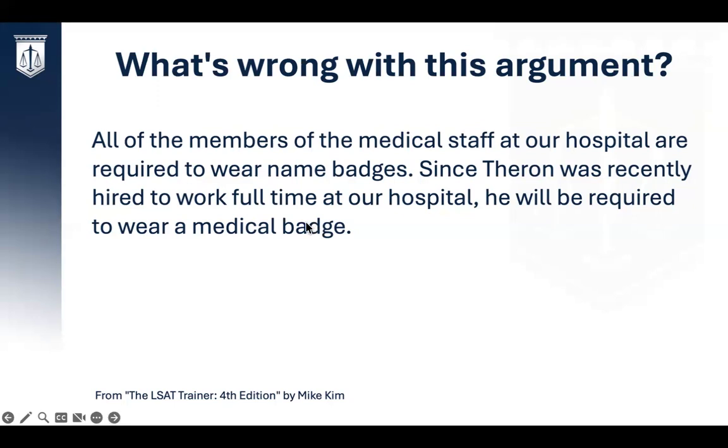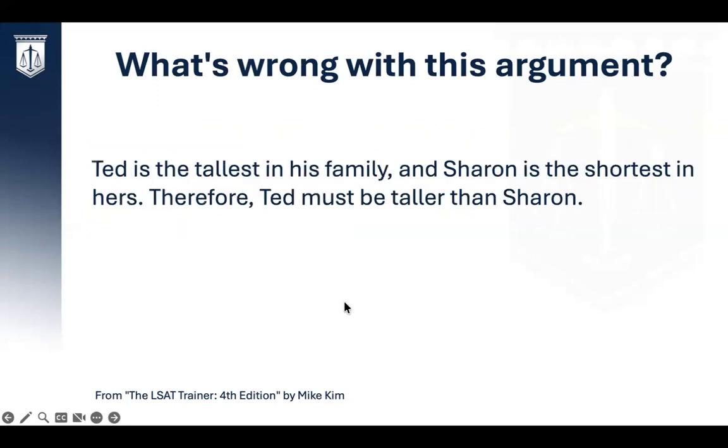All right, this one might be my favorite. Ted is the tallest in his family, and Sharon is the shortest in hers. Therefore, Ted must be taller than Sharon. Fails to consider, takes for granted. Okay, good, good.